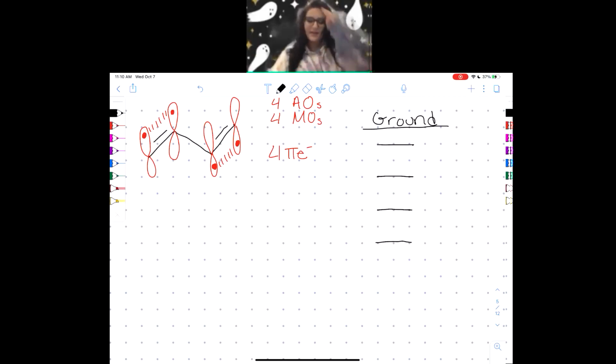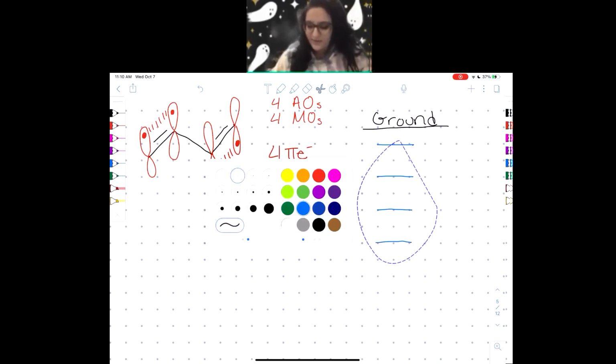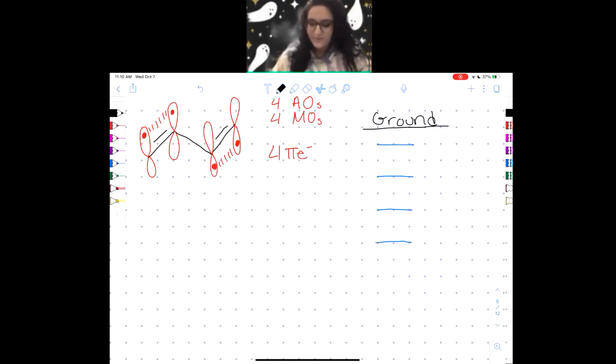And each of these lines is going to correlate to an energy level. So let me change the color so you guys don't get confused. Each of these lines correlates to another energy level, and we're going to name those pi 1, pi 2, pi 3, and pi 4. That's just how we name them.